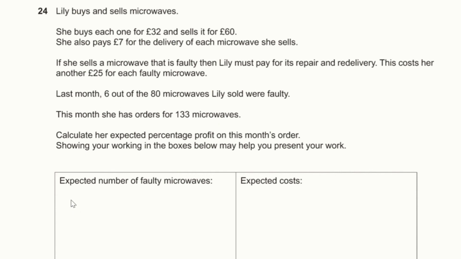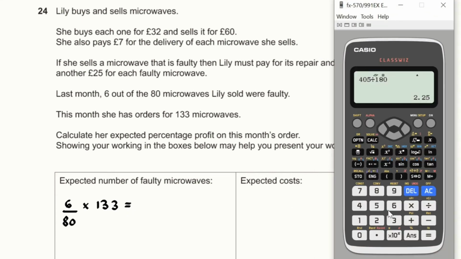So the expected number of faulty is 6 over 80 times 133.